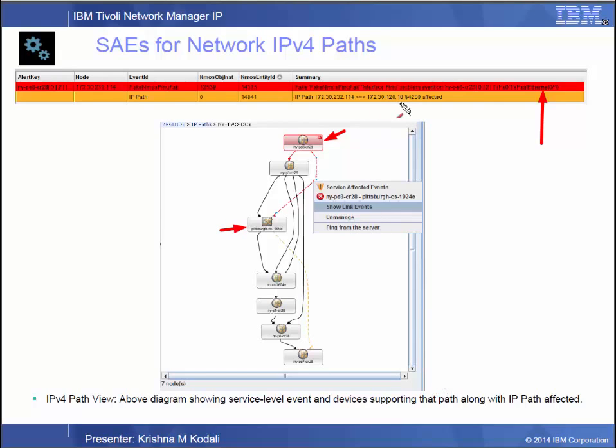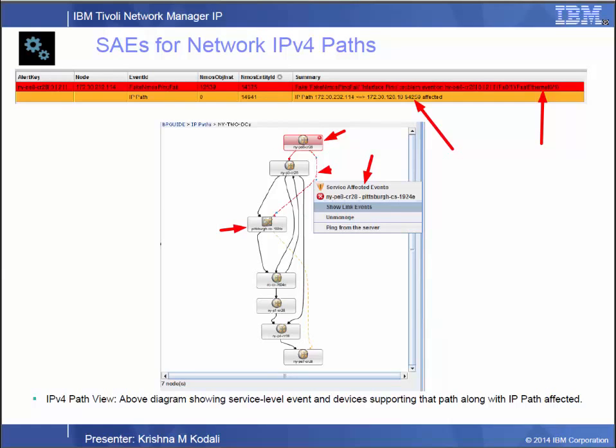So as a result of that event, we raised a SAE event around that IPv4 path. So you can right click on the actual link, and you could get various options. So one of them is service affected events. Again, this can be extended for any logical collection.